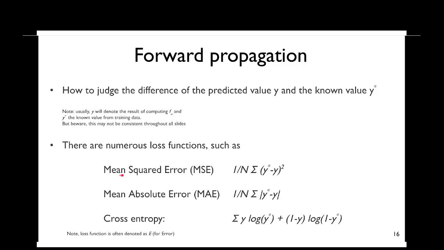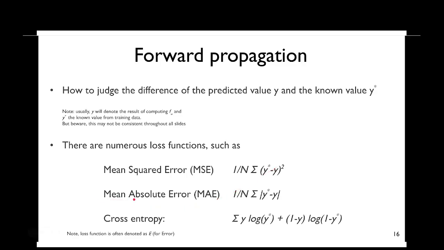One is the mean squared error, MSE, which is 1 divided by n, so we have n examples, and we sum up the difference between the known value and the predicted value, and we build the square. The reason we build the square is that we want to exaggerate large errors and differentiate that from small errors which are not so important.